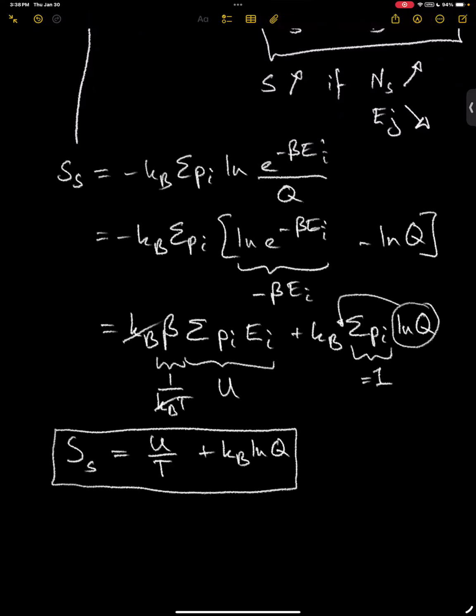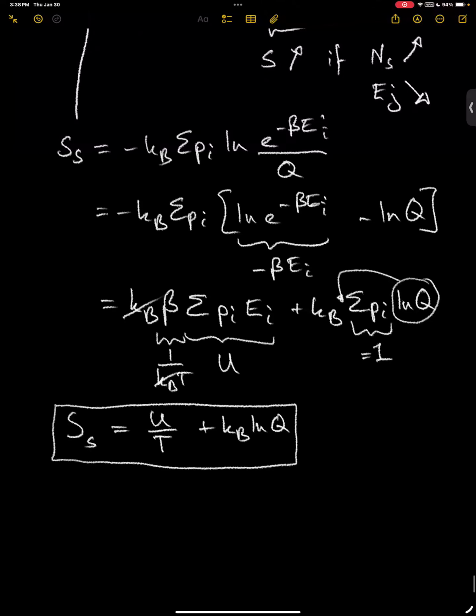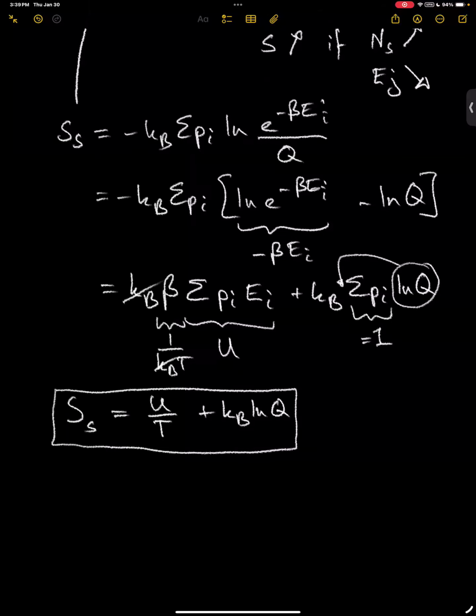This is another very common expression for the entropy, and also easy to memorize. Now, if you recall, our internal energy was also kBT squared derivative d/dT of logarithm Q. So we can again rewrite this as kB.